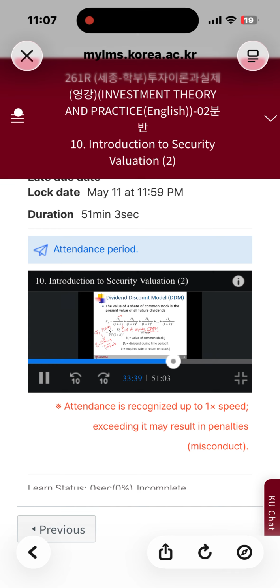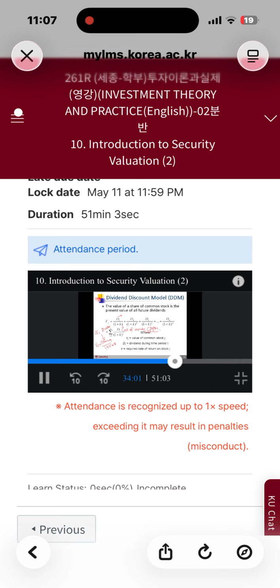So this is the discount rate. And the dividend discount model assumes that the cash flow distributable to shareholders is the dividend, not the earnings, or that the earnings and the dividend are the same measure.